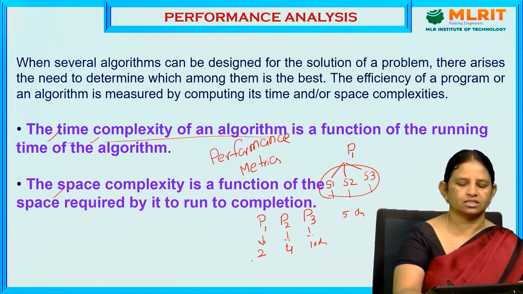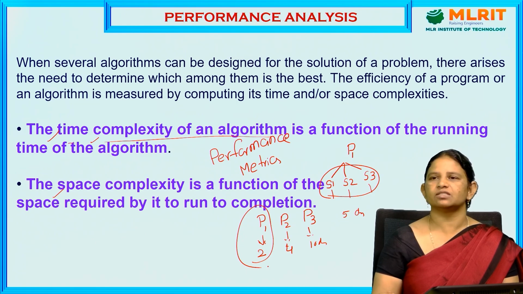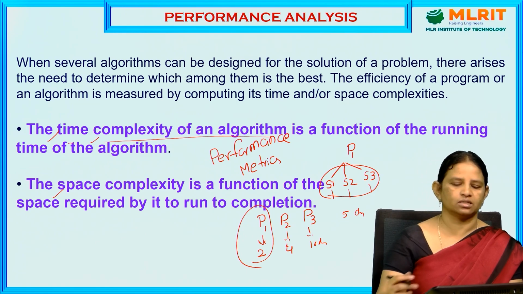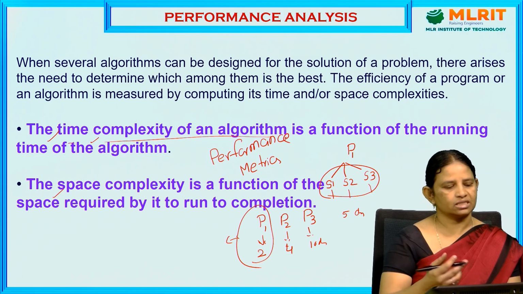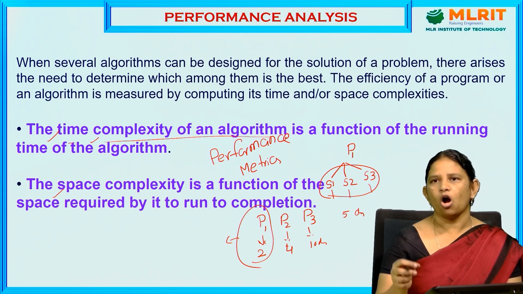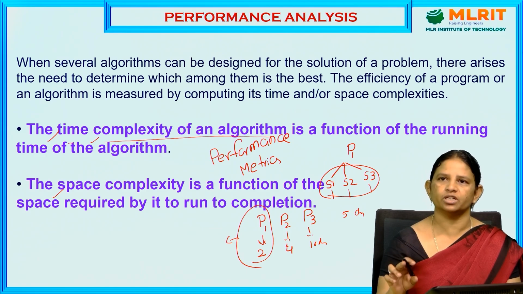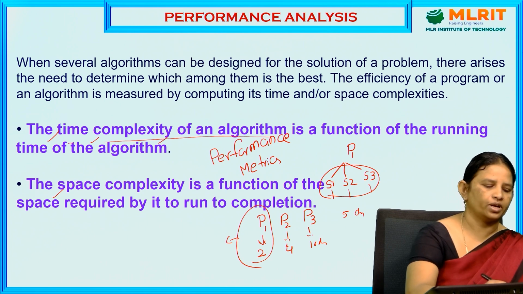Simply we can say that P1 is the best because he completed with the least number of days. In the case of performance analysis also, we need to measure how much time is taken by the algorithm for successful completion of the given task. That is called time complexity.